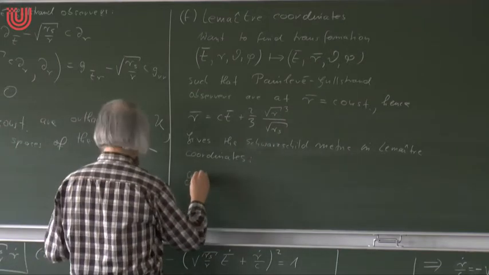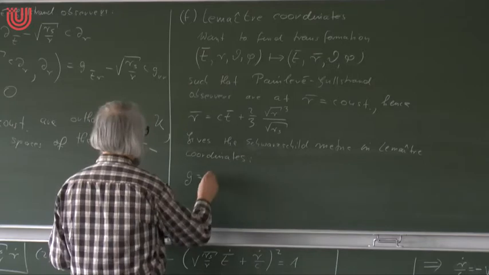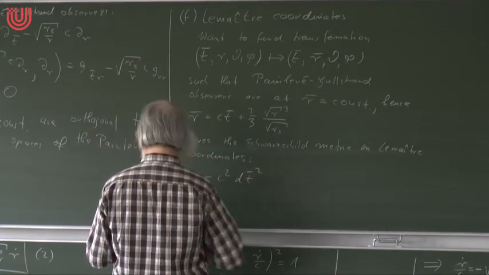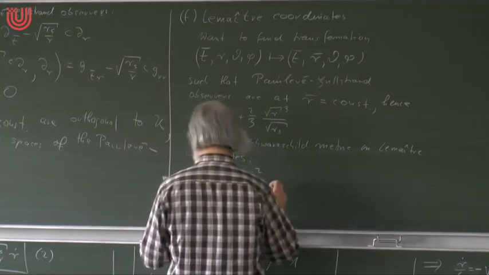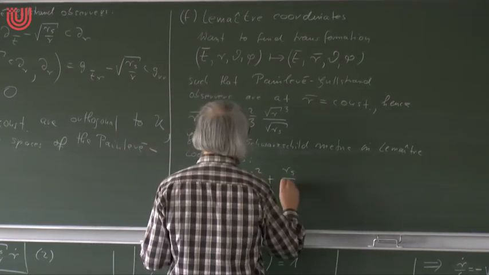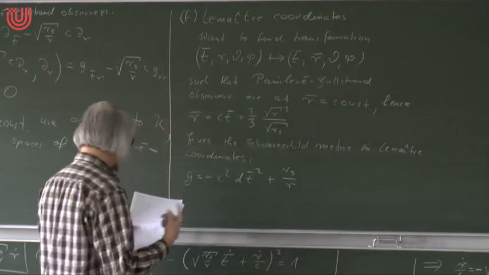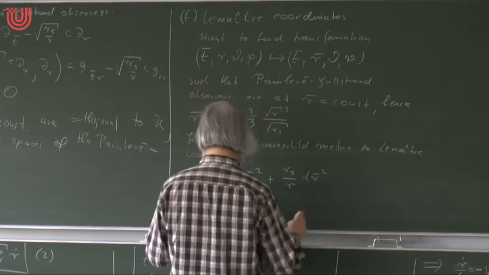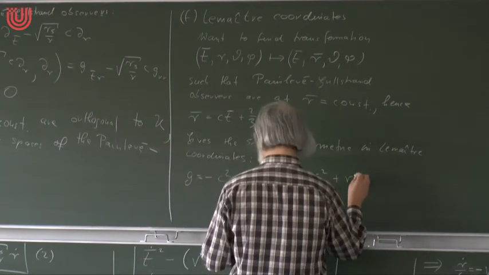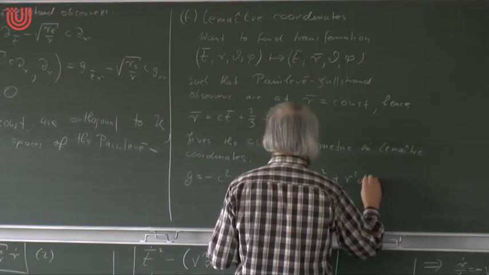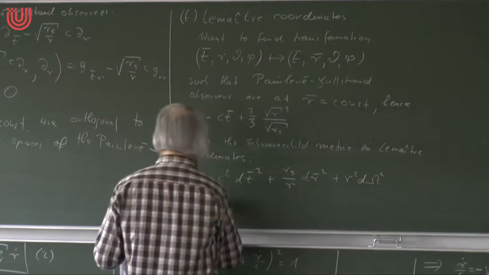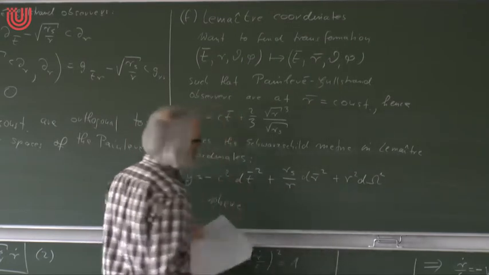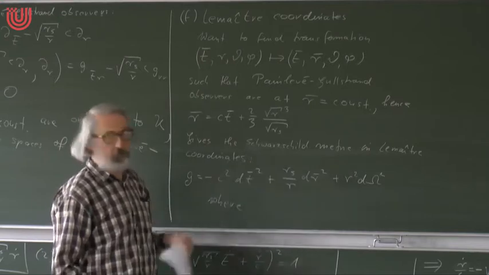And what I get, if I haven't messed up again some factors, is minus c squared dt bar squared plus rs divided by r dr bar squared plus r squared d omega squared. I leave the r for a moment, then I have, of course, to tell you what r is. My coordinates are t bar, r bar, and the angle coordinates, so I have to express r in terms of these coordinates.